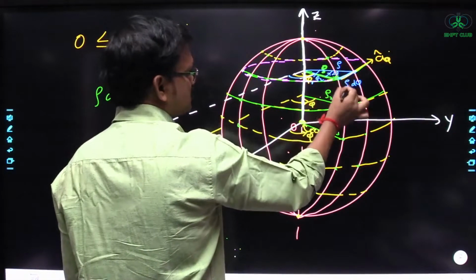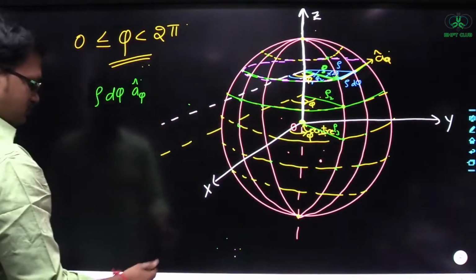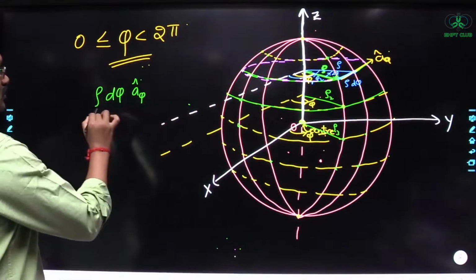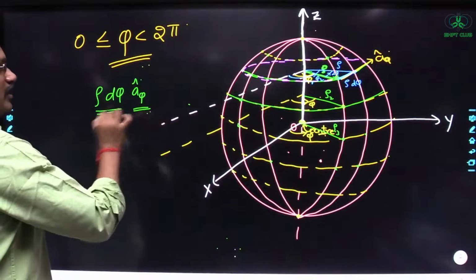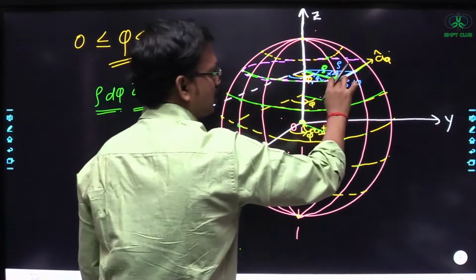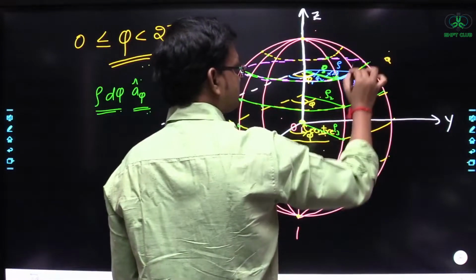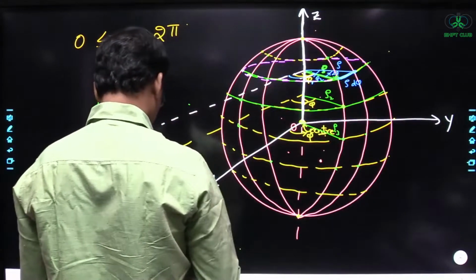In general we are representing it with rho. So the differential arc length along the horizontal circle is nothing but rho d phi, and the direction is a phi cap. A phi cap is the tangent drawn to the arc in anti-clockwise direction.